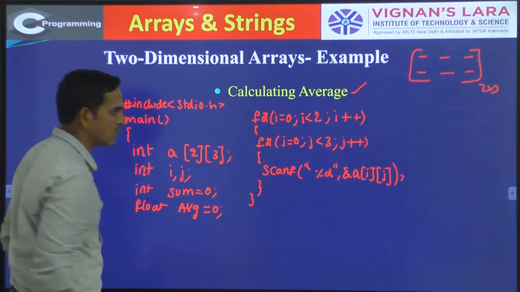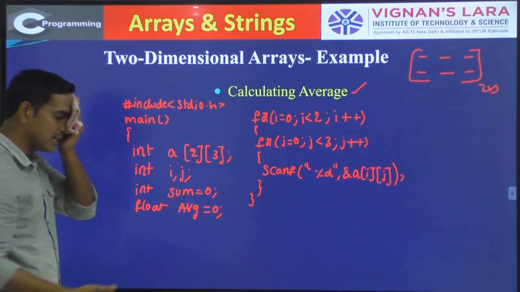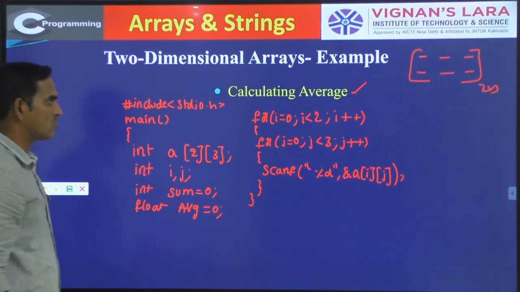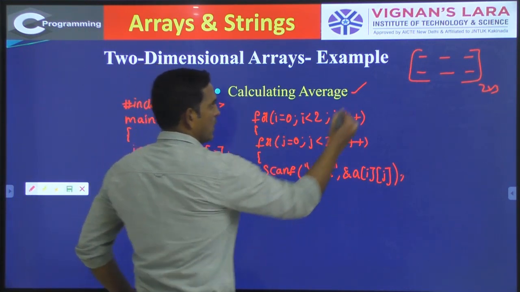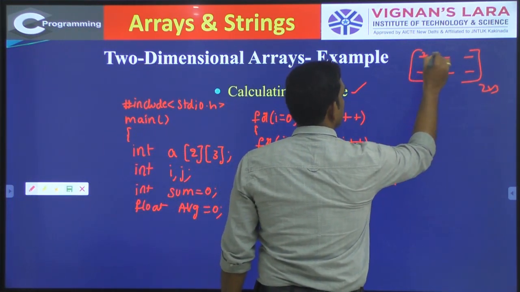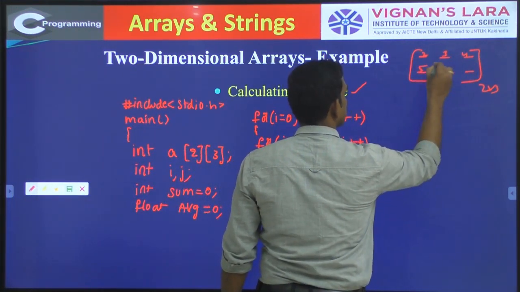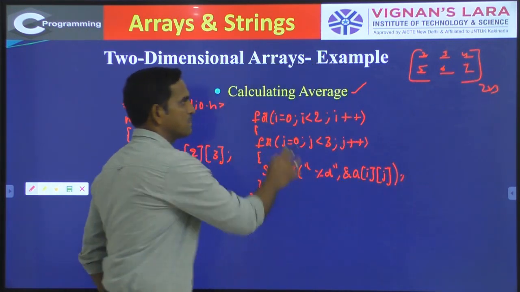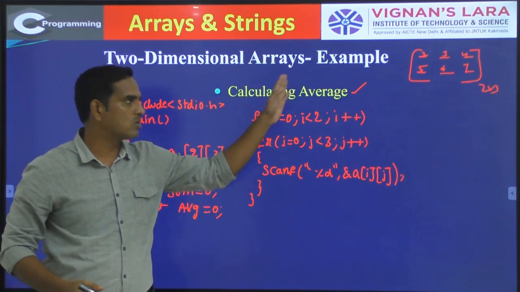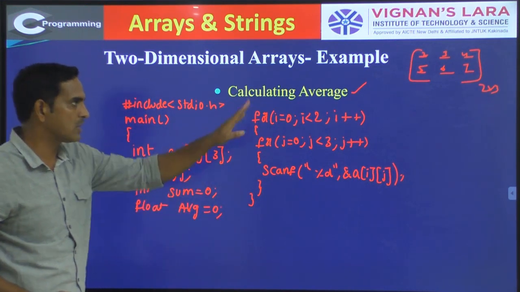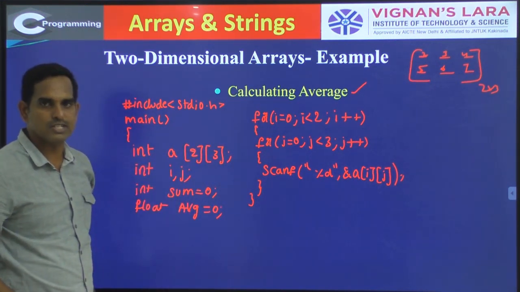This is how you give input into particular elements. So let's take some values: 2, 3, 4, 5, 6, 7. This part will give values into the array. So now 2, 3, 4, 5, 6, 7 are present in that two-dimensional array.